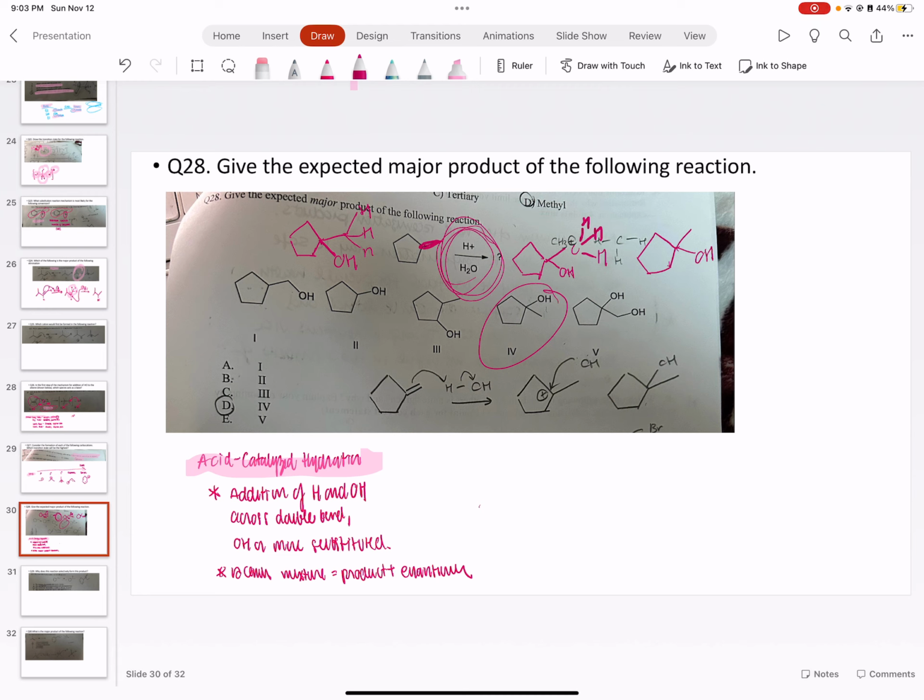We can also look at the mechanism for it. In the mechanism we're going to take a hydrogen from water. Let's see, I can draw it as well. So we have an H plus OH.